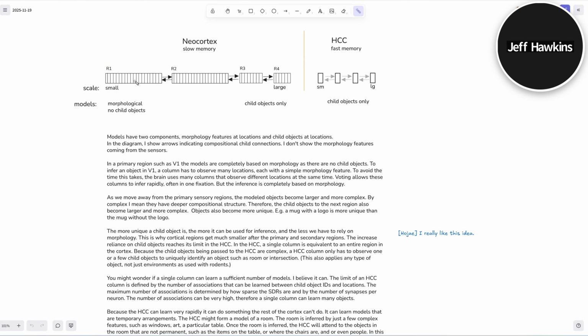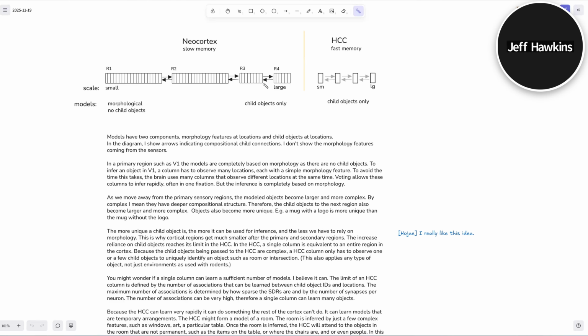It'd have to move around and sense lots of places. If we don't want to take that time, we have to have lots of columns voting, each looking at different points and doing a joint assessment. And you can say, okay, that's a cat, or an oval, whatever it is. But when you start getting sophisticated child objects, you don't need to do that anymore.